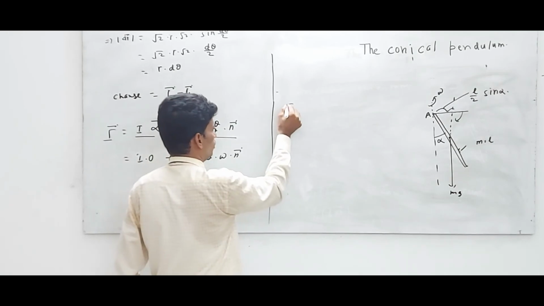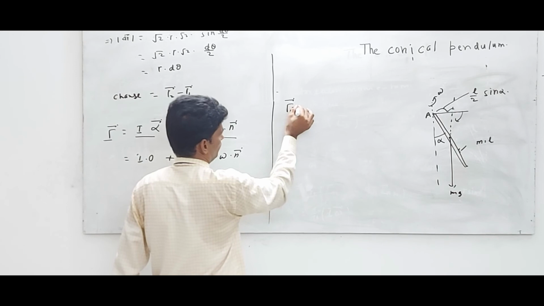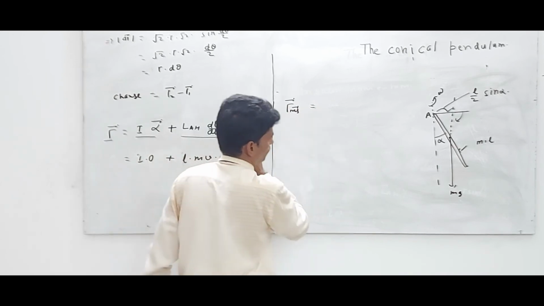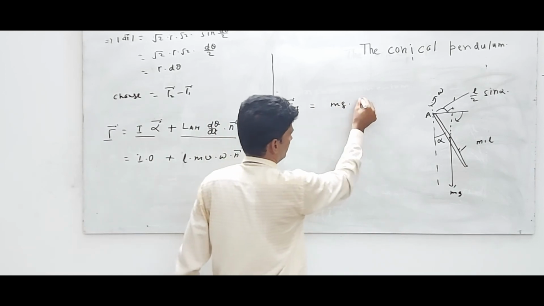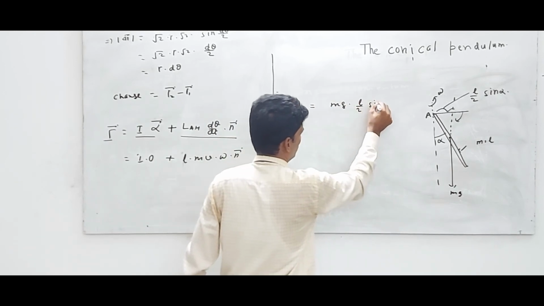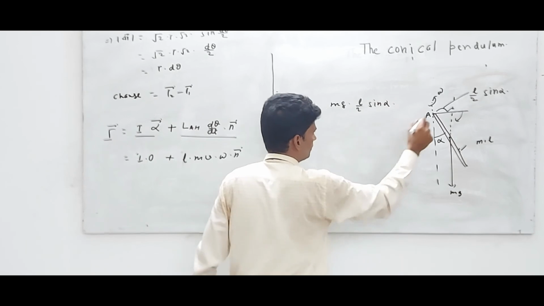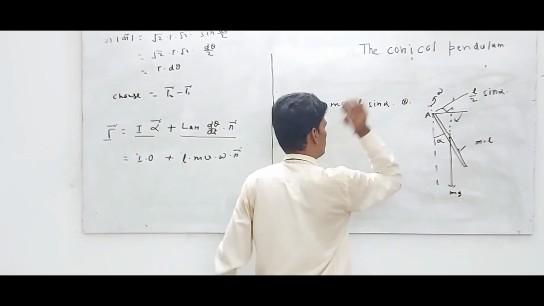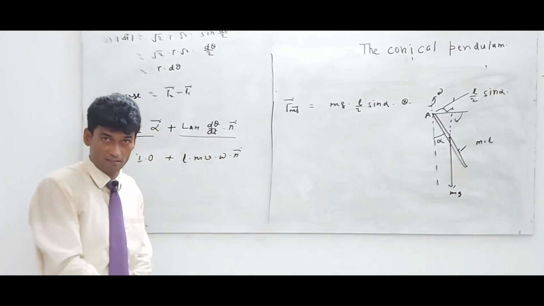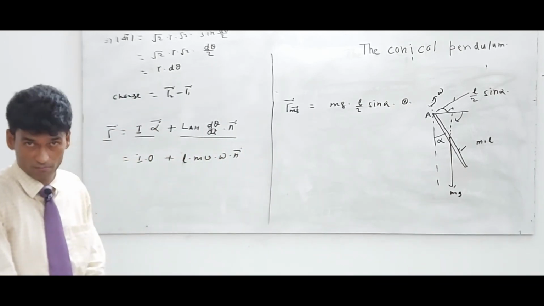So the torque of the mg force comes out to be mg multiplied by L by 2 sin alpha, going into the board. So here, circle cross like that. It is a vector. We must write the direction as well, otherwise it is wrong.